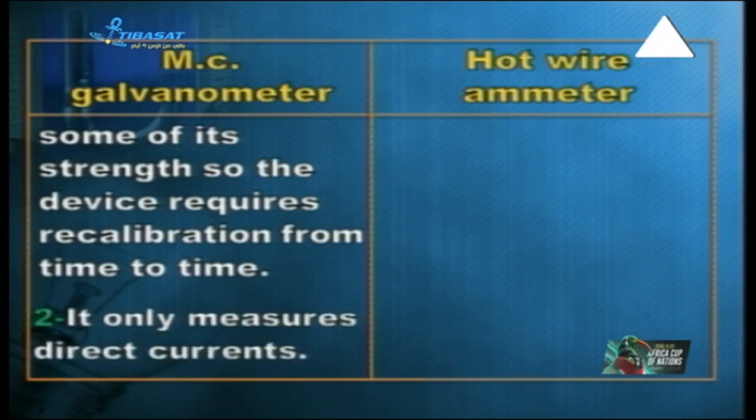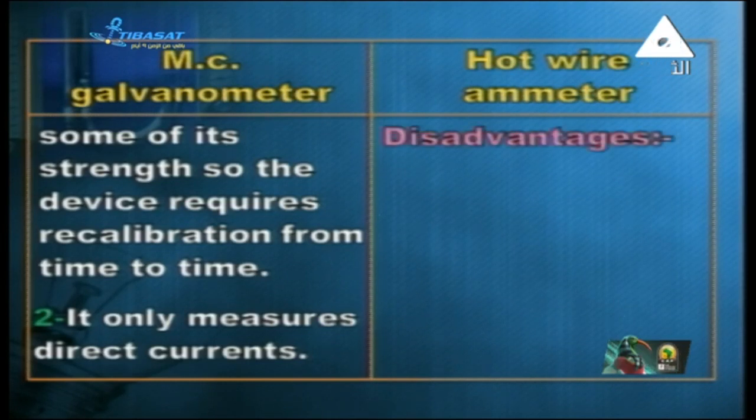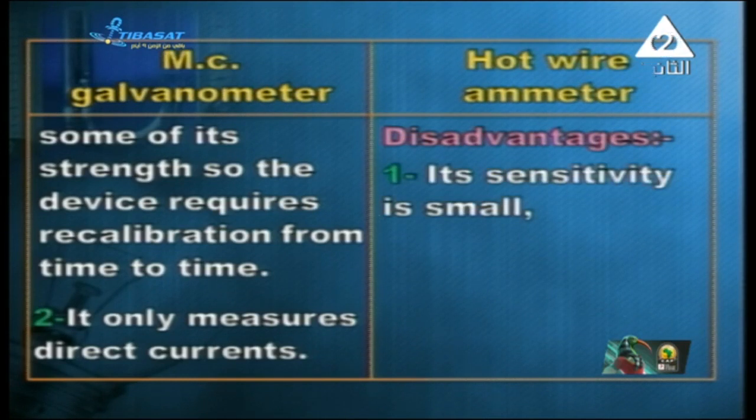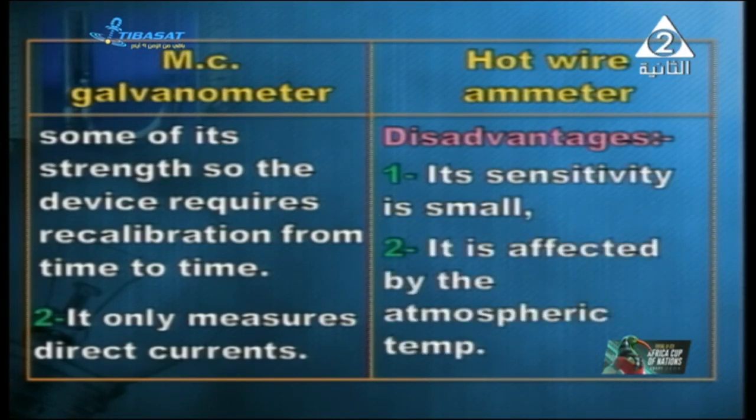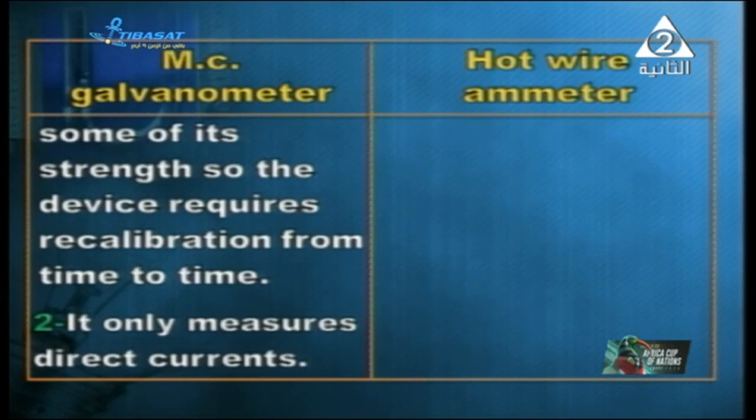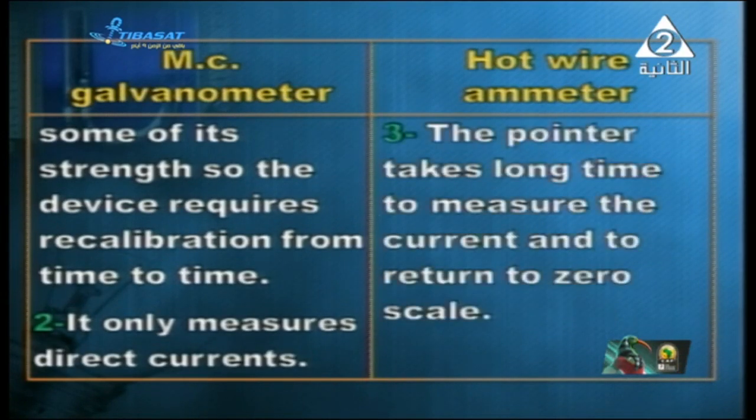Also, it measures DC only. Disadvantages of the hot wire emitter: its sensitivity is small. It is affected by atmospheric temperature. Also, the pointer takes a long time to measure the current, and it takes longer to return to zero when the current is disconnected.